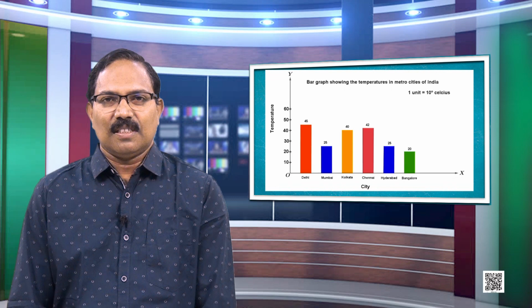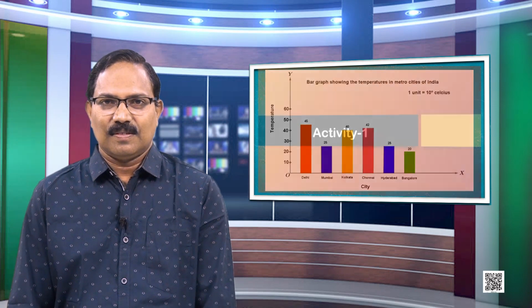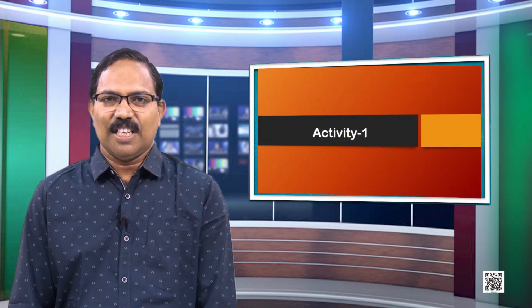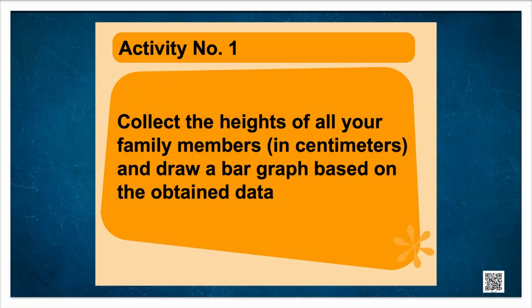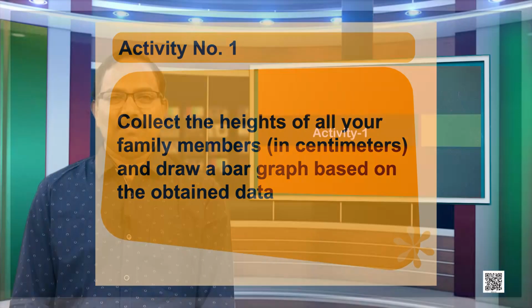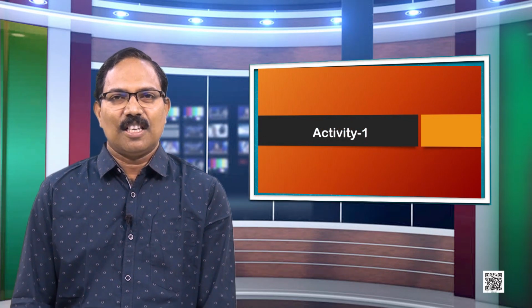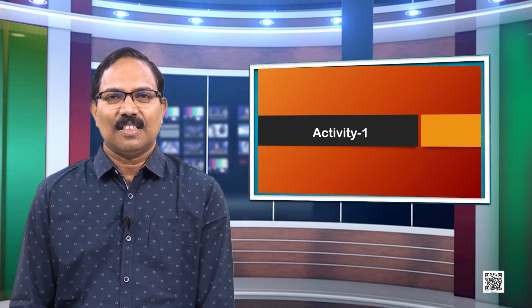Before discussing further, let me give you an activity. You collect the heights of your family members in centimeters, and based on the collected data, you draw a bar graph. Can it be possible? Yes, please try. From this activity, can you interpret some of the things?